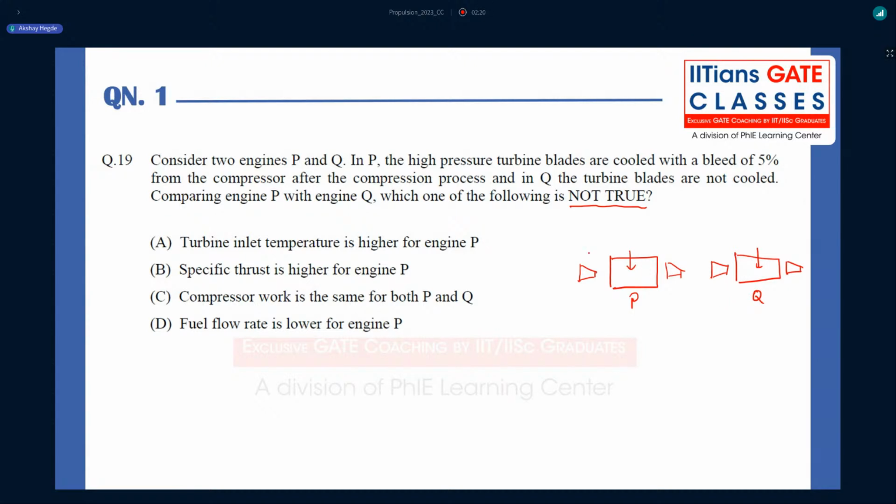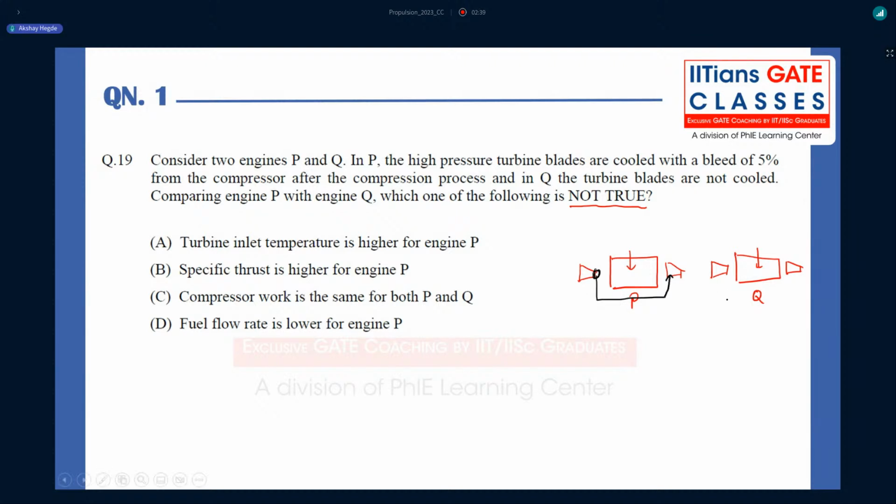So what is happening in engine P is that we have a flexibility such that some of the air at the exit of the compressor is fed to the turbine blade for cooling purposes. In engine Q, we are not doing so.